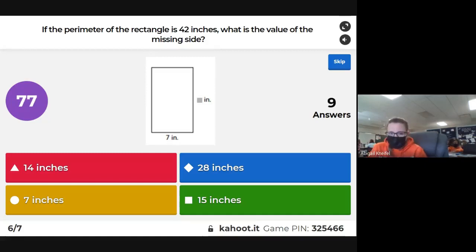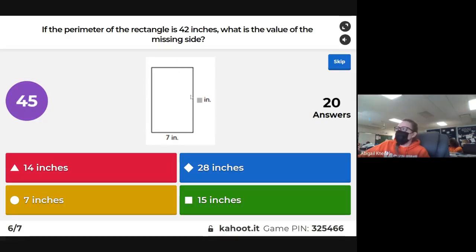What number are we missing? Do your personal best. Remember, in perimeter, you have to add up all the sides. So 7 and 7 is going to be 14.